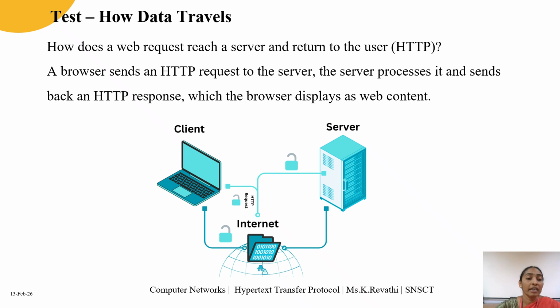Then the server sends an HTTP response to the user. The browser reads and renders the web pages, depending on the request which it gave to the server. This process happens in milliseconds, but without HTTP, the web simply cannot work.